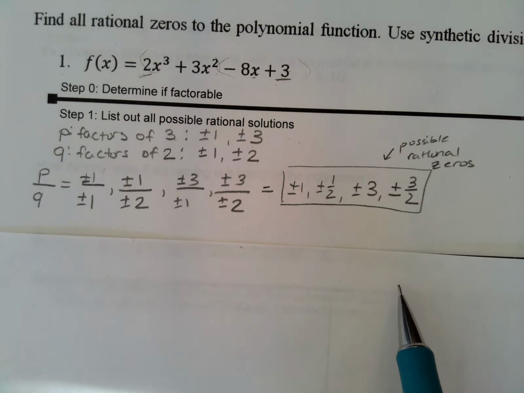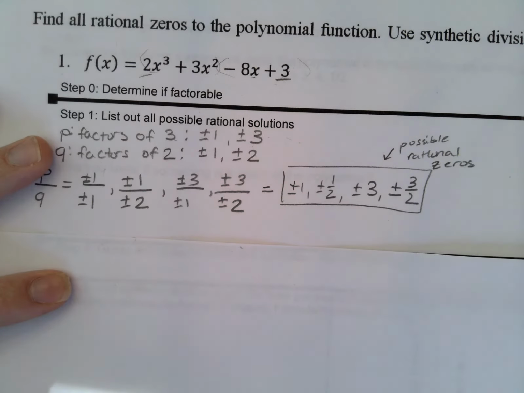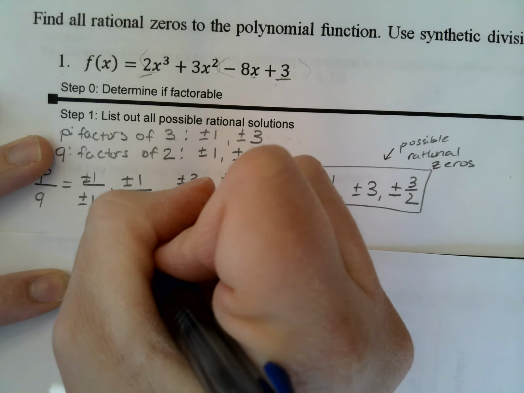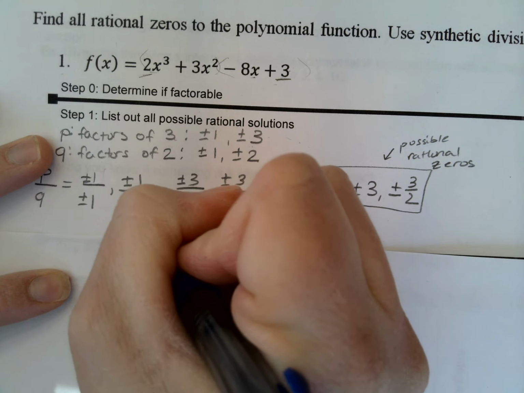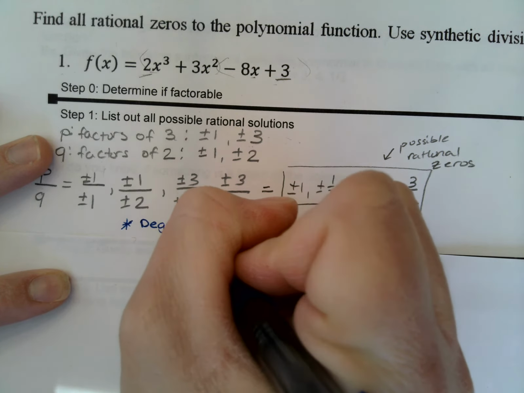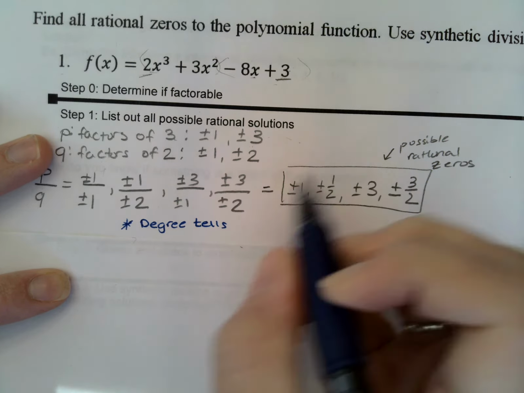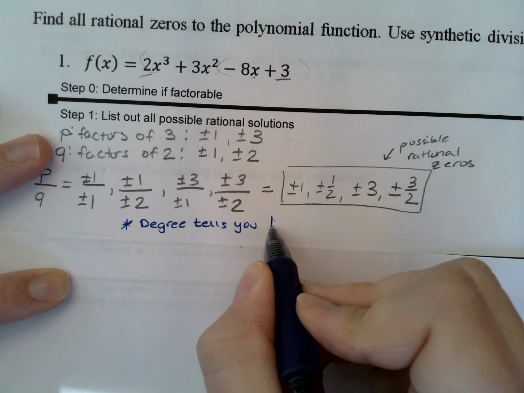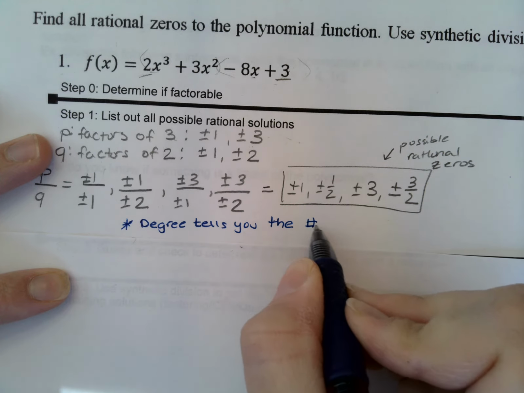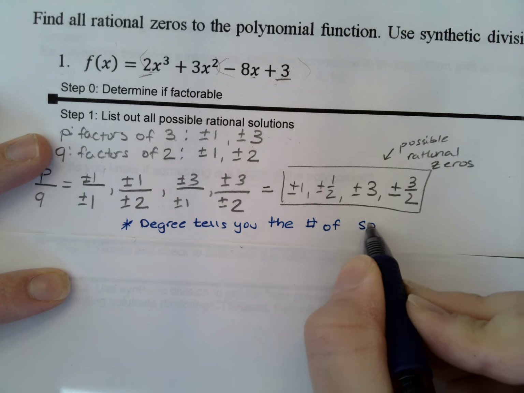So now I've got to figure out, okay, which one works? How many of them are going to work? So one of the things that you got to remember from day 2 of the semester is that the degree tells you the number of solutions.